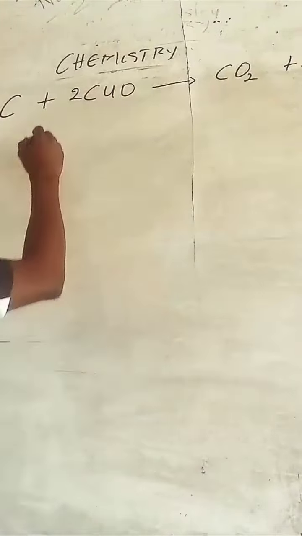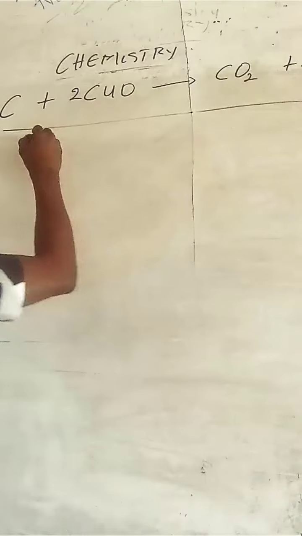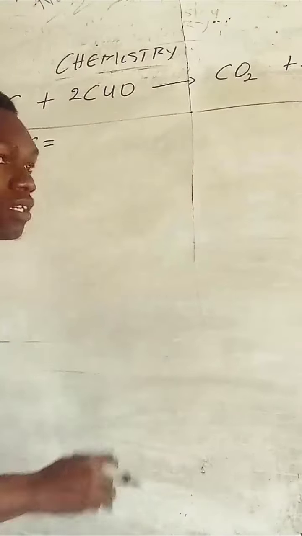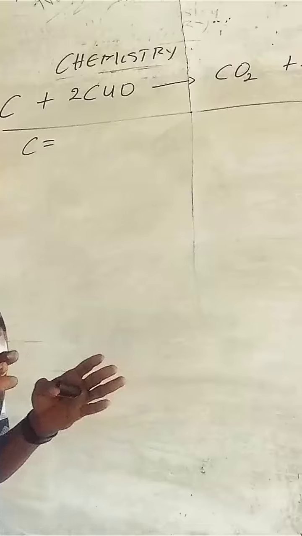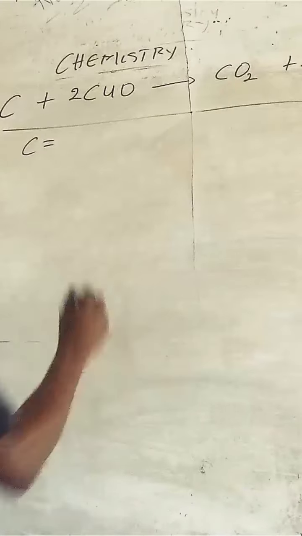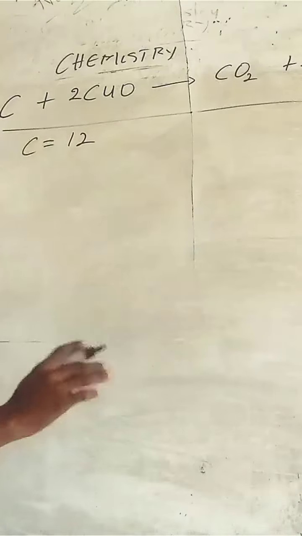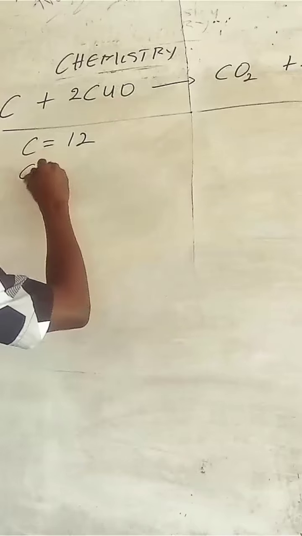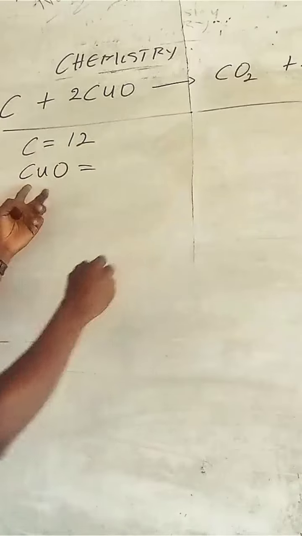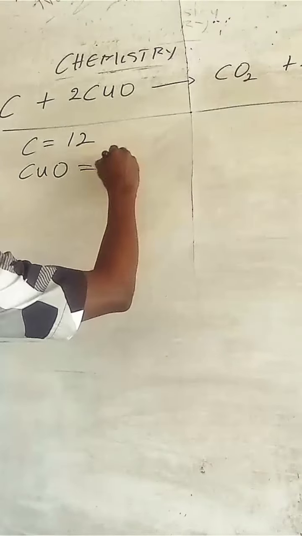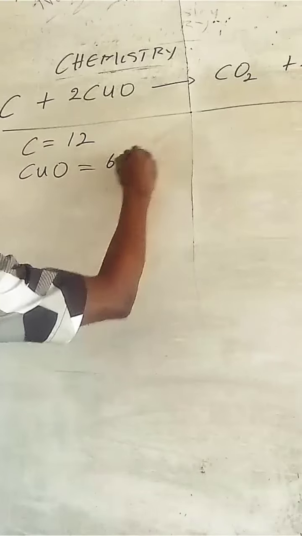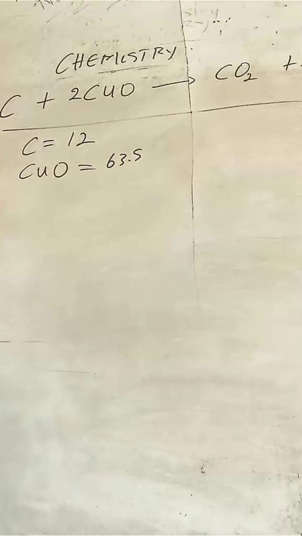So the relative molecular mass of carbon is 12, we know it is 12, it is certain. And that of copper oxide, we know that copper is 63.5, right? 63.5.